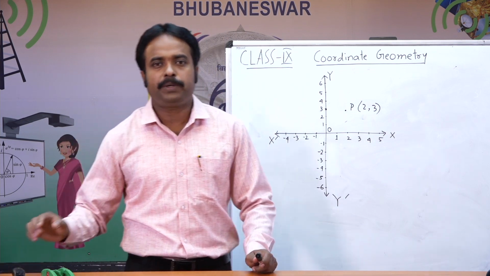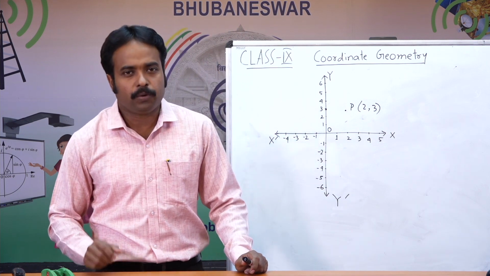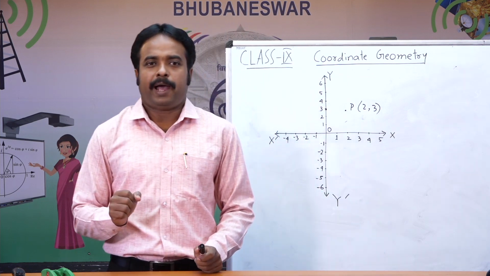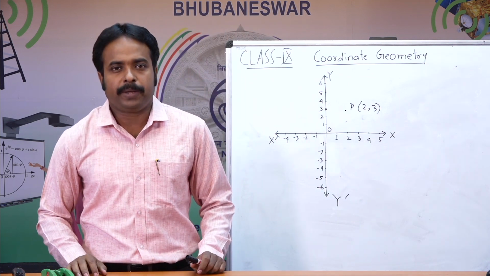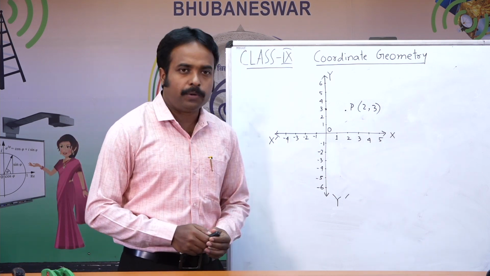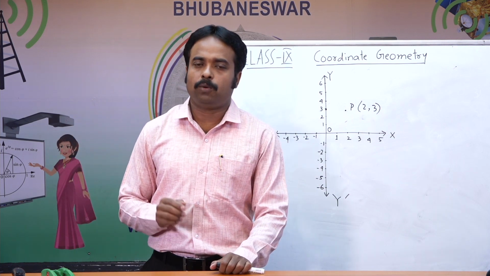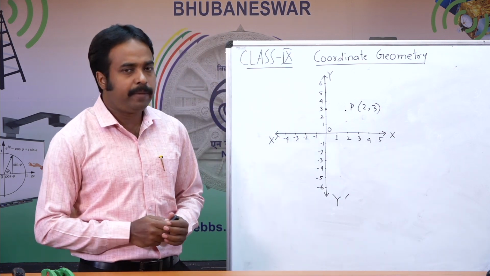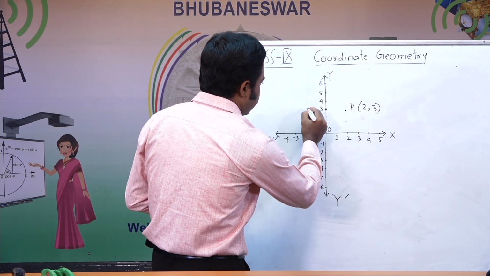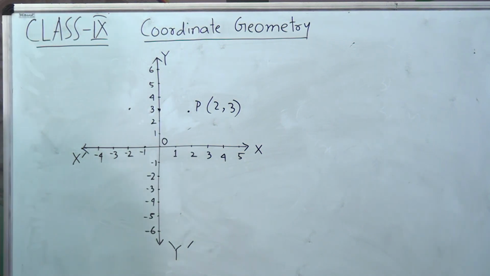By the laws of reflection, which you have learnt in physics, you know that the image of this point will be formed at an equal distance behind the mirror. So if you consider the mirror to be on the y-axis, then the image will be formed at an equal distance from the y-axis.